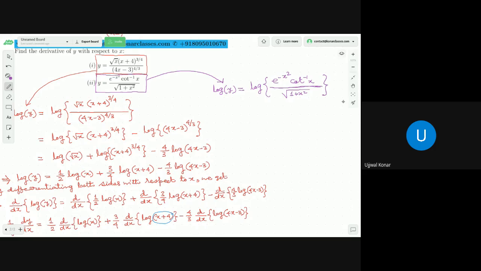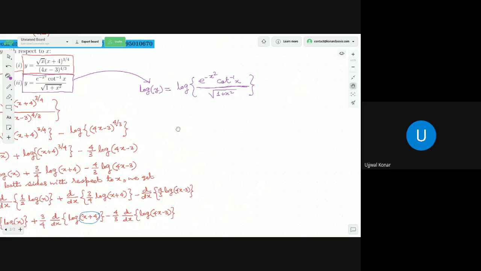Now, if we simplify using the logarithm as we discussed in the previous question, log y will be something like log of e power minus x square plus log of cot inverse x minus log of square root of 1 plus x square.